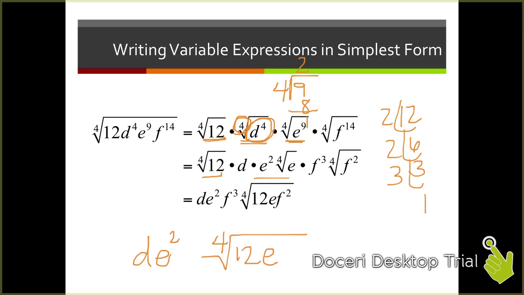So that's what we're seeing here. And then the same idea here with my f to the 14th. If I take 14 and divide it by 4, that's going to go 3 times to give me 12 with a remainder of 2. So I have f cubed that gets to come out, and then 2 f's, f squared, that has to stay inside.